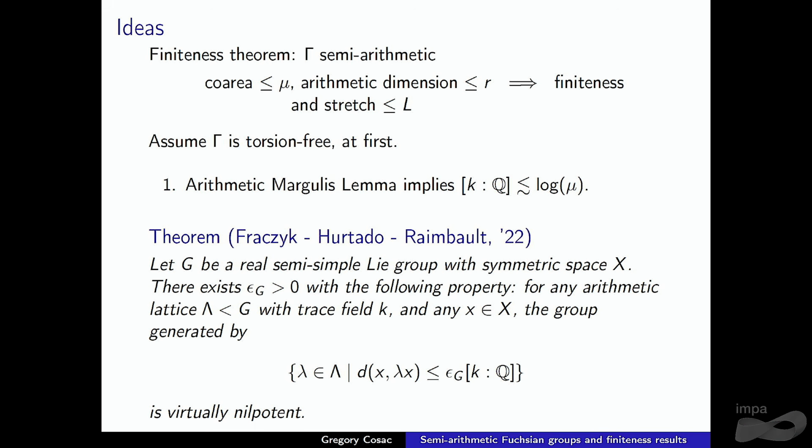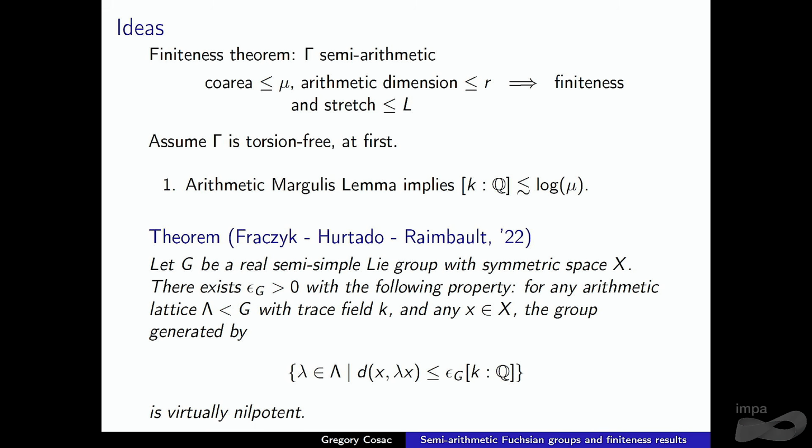So in particular, the group they generate contains a free group. As I said before, when you have semi-arithmeticity, you have a way to embed these into a lattice in a Lie group, SL_2(R) to the power r. Now, because the Lipschitz constant, the stretch, is bounded, the displacement of the image of these two elements is at most L times R.